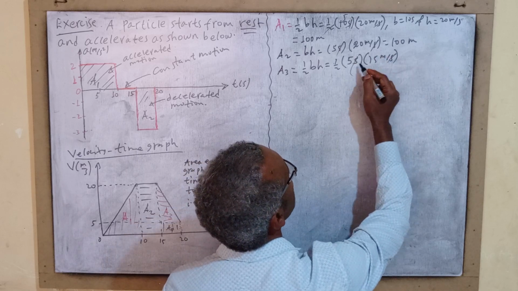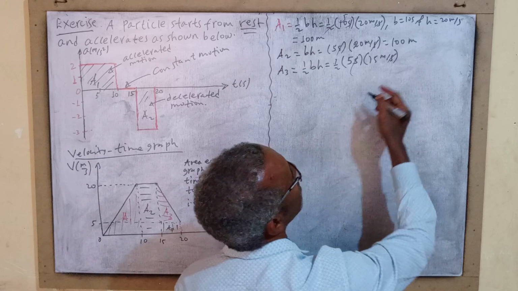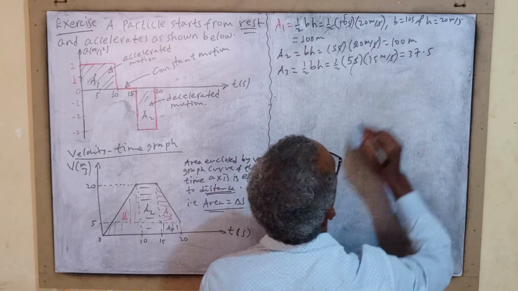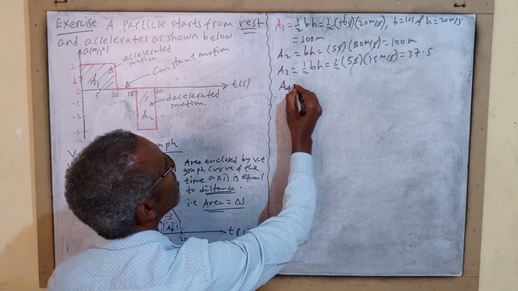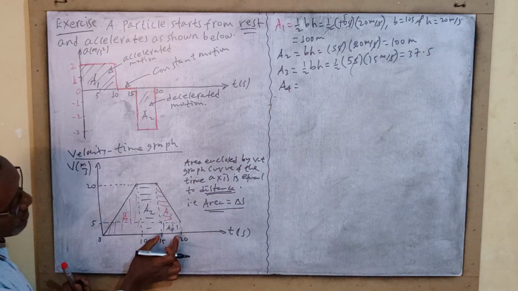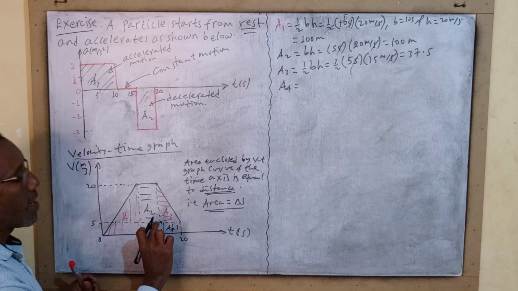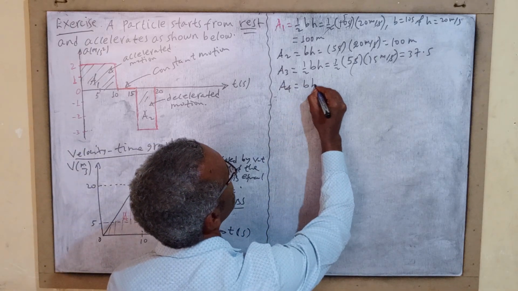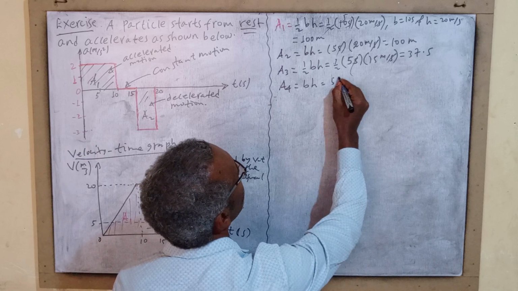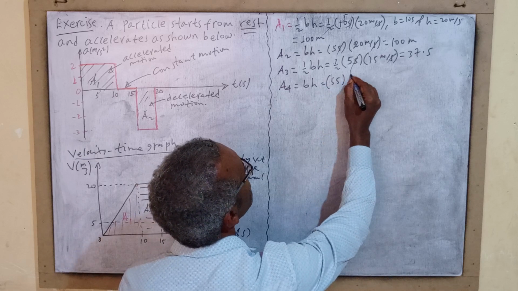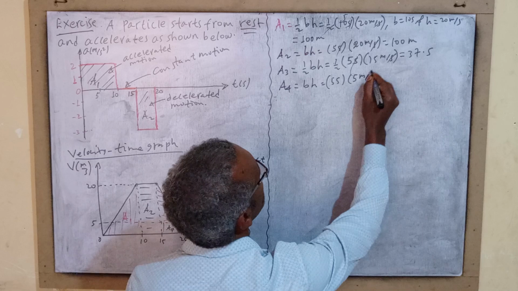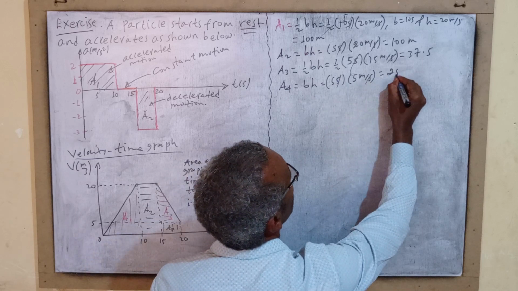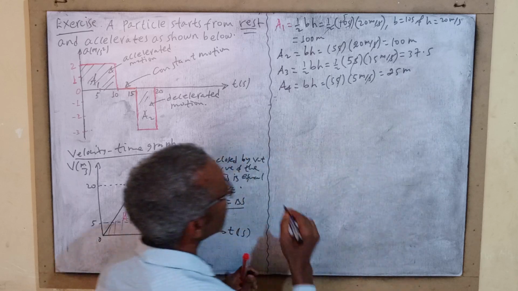Second goes with second. 5 times 15, 75, 75 divided by 2, 37.5. Area A4 is a rectangle with base 5 seconds and height 5 meters per second. Base times height is equal to 5 seconds times 5 meters per second. Second goes with second. 5 times 5, 25 meters.